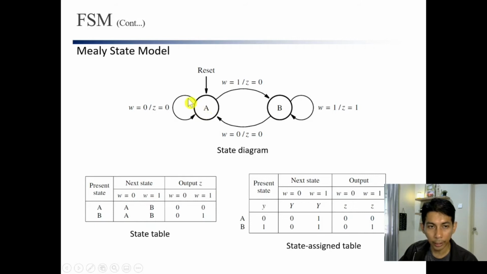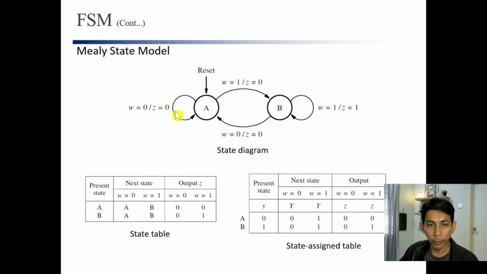For example, if W equal to 0 when we are in state A, it means that the car speed is not exceeding the speed limit, so we still remain in state A, and at the state transition the output Z equal to 0.